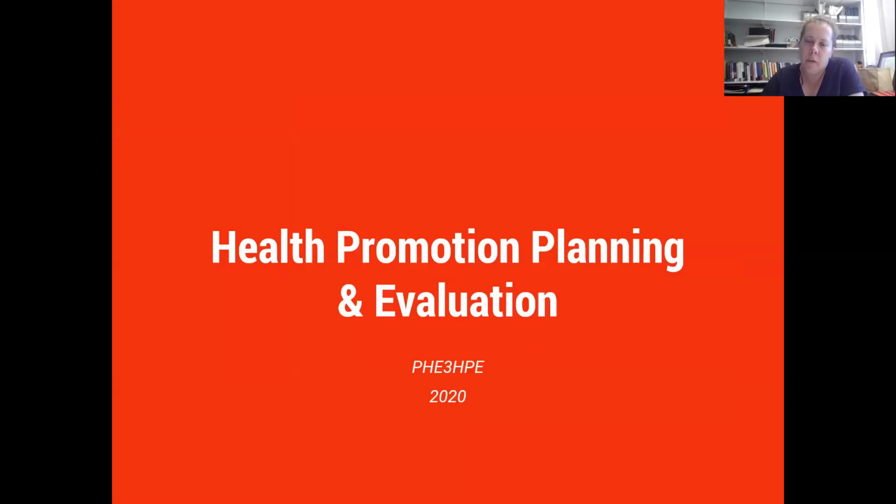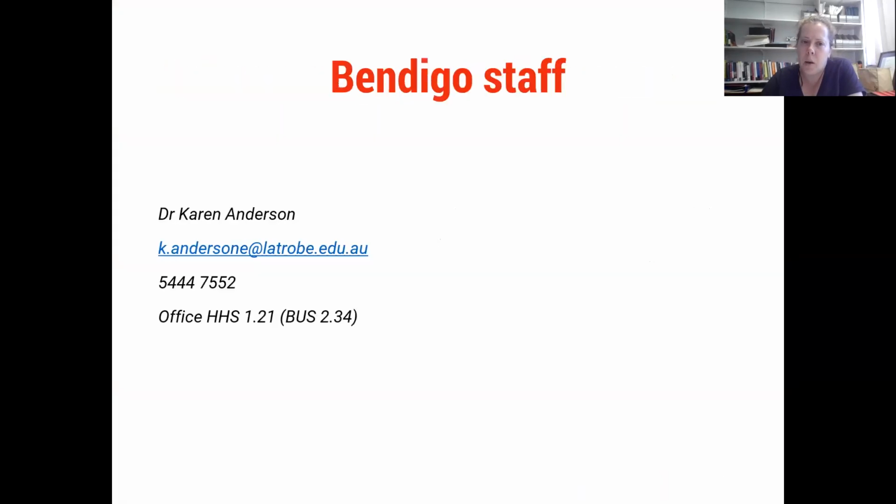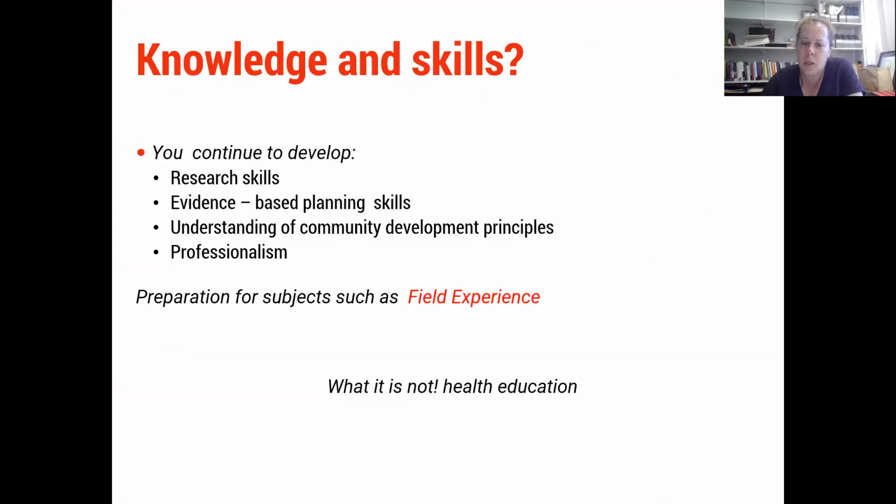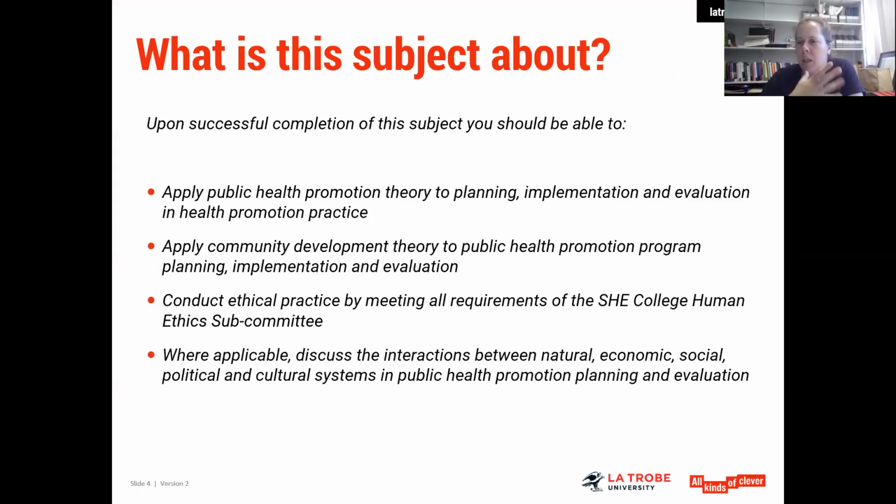You can have a look at these. I'm not going to read through all of this material. In fact, there's a lot of information in here. The thing that I do want to point out to you is, firstly, the subject intended learning outcomes. As I said, one of the key learning outcomes is your ability to practice ethically and to meet all of the requirements that have been set out and approved by the College Human Ethics Subcommittee.